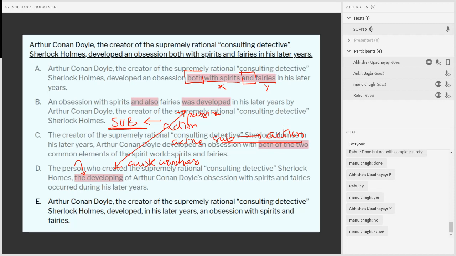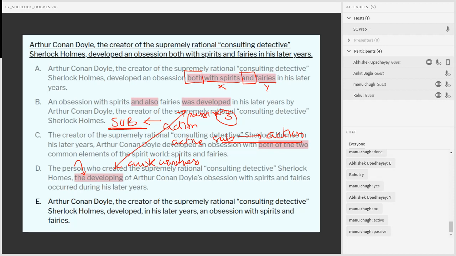If you say "the car was driven by me," the subject is the car, but the car is receiving the action. It was driven. That is passive voice. Now, in some cases, passive is actually better than active, but generally speaking, active is preferred to passive. So, level 3 call again. "An obsession was developed in his later years by Arthur Conan Doyle" is not as good as "Arthur Conan Doyle developed an obsession in his later years."